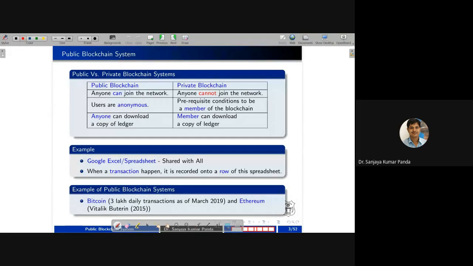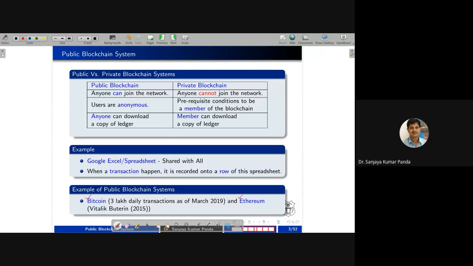So a real-life example of a public blockchain system, Bitcoin, is one of the popular examples. And if you see the number of transactions noticed in March 2019, every day we have 3 lakh transactions in Bitcoin, right? Similarly, another public blockchain system is called Ethereum.